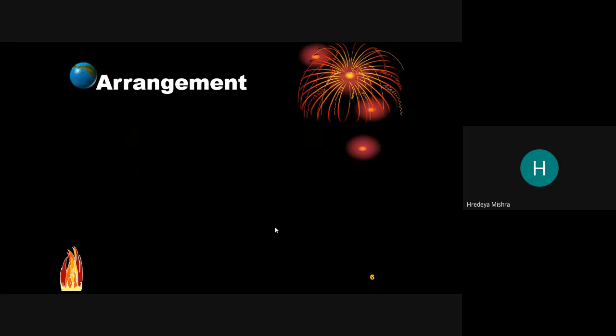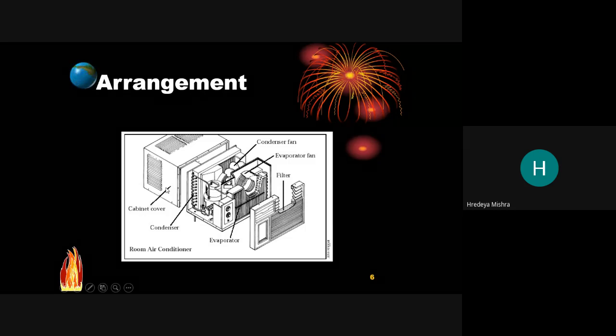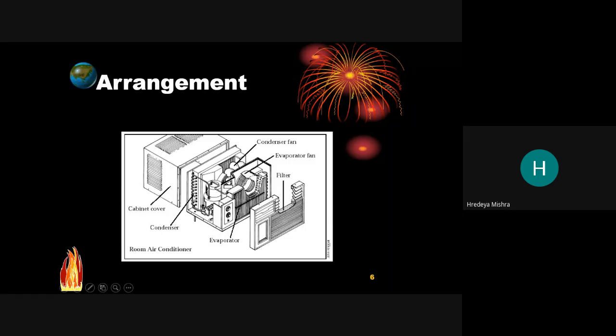So what is the arrangement? See here, cabinet cover, condenser. See here the condenser. This is our evaporator, room air conditioner, and the condenser fan is there, the evaporator fan is there, and this is our filter.